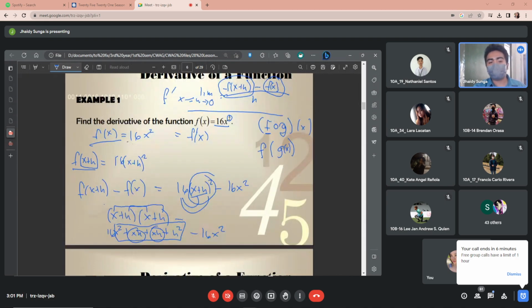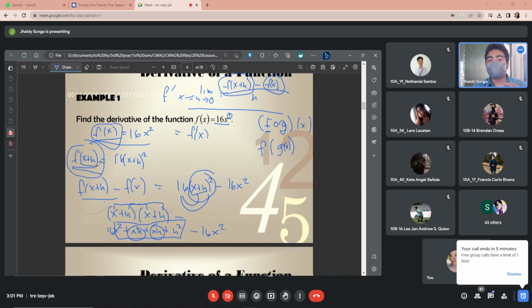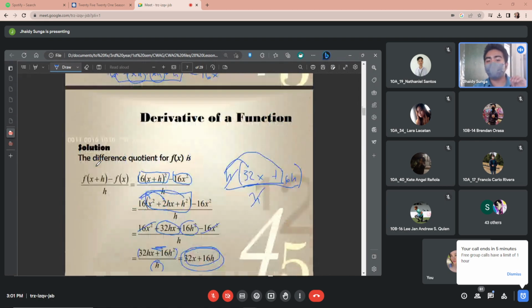The first process is to find the f of x plus h, then you subtract the f of x. You will notice this one, you subtract that one to the f of x. In order for you to divide it by h, and you get the limit.